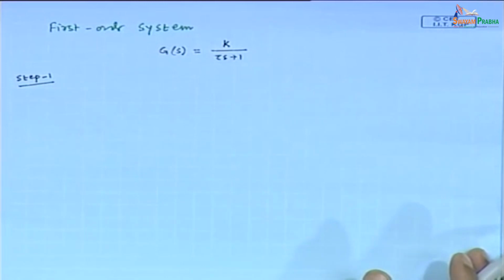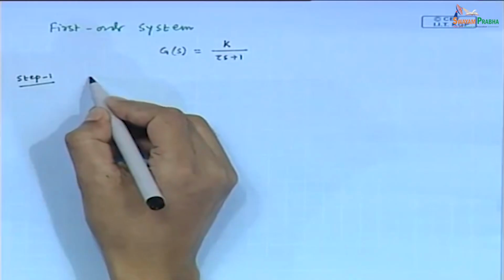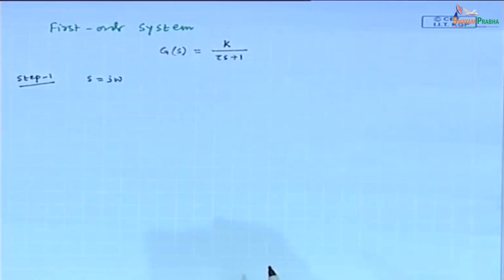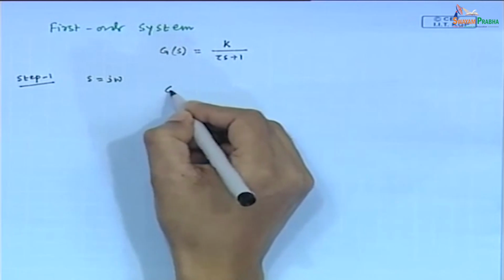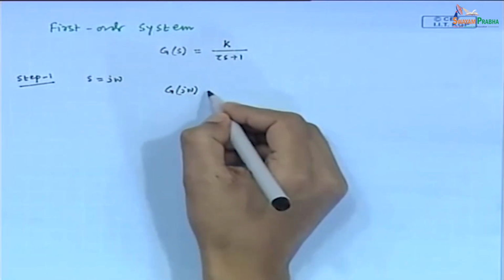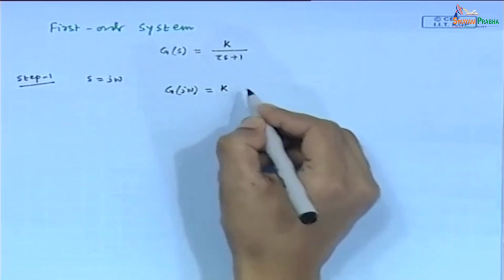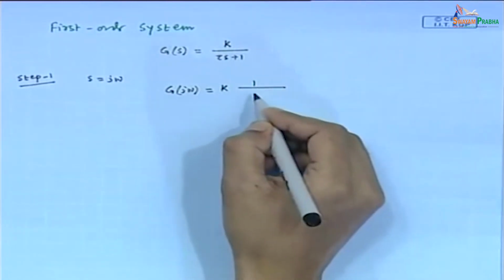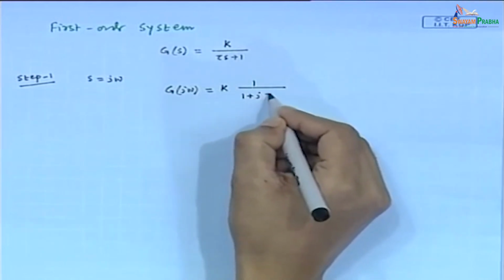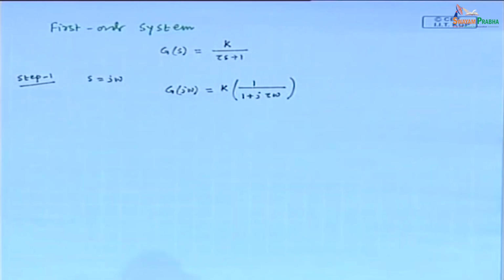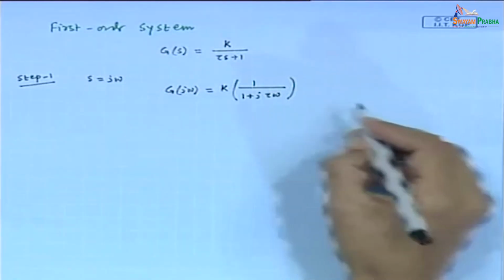In the first step, we need to replace s by j omega. So, we will substitute s equals j omega. Then we can write G(j omega) equals K multiplied by 1 divided by 1 plus j tau omega. Fine.